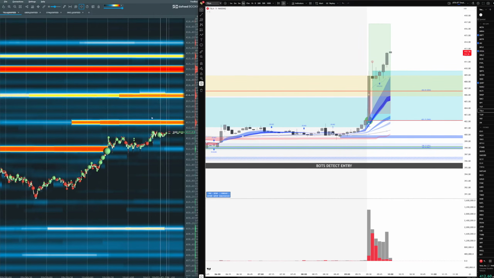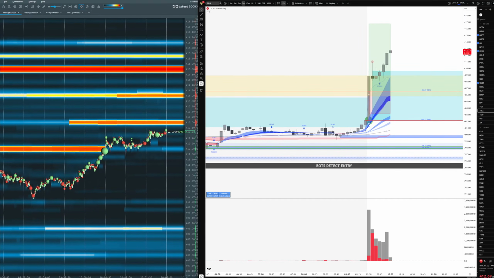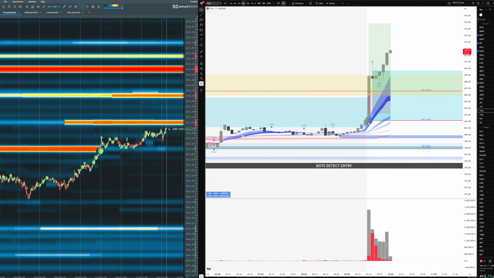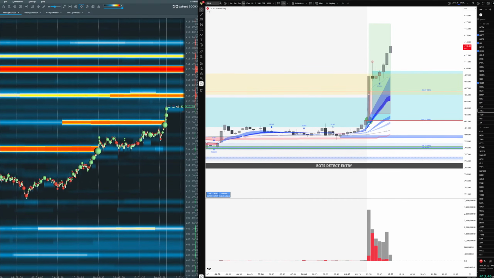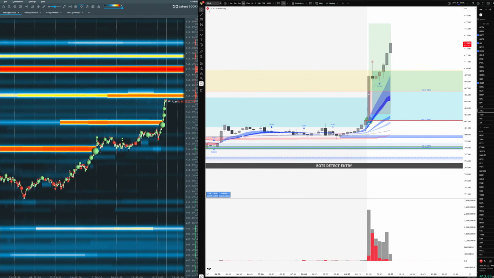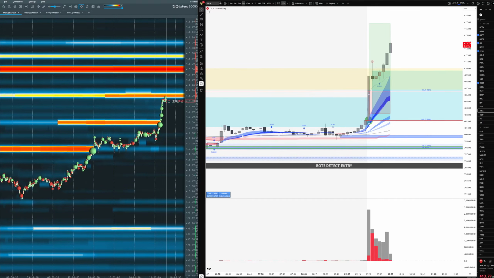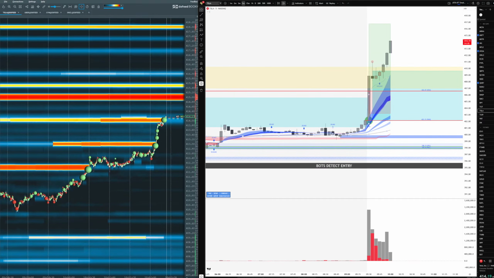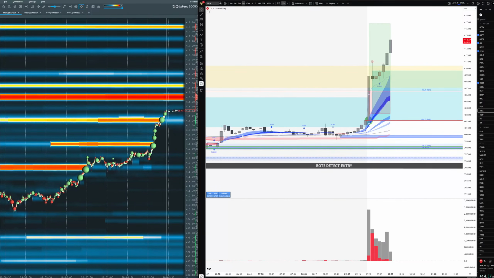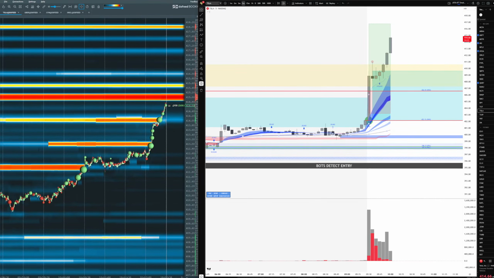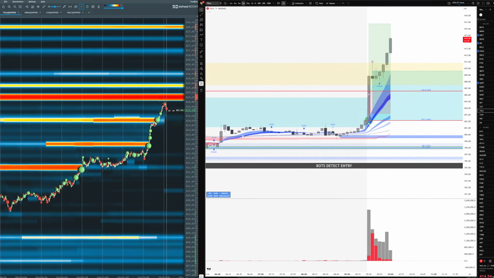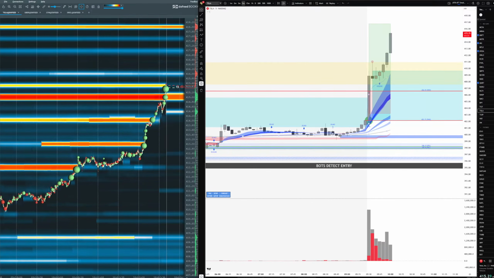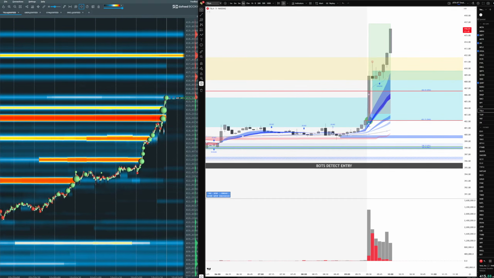That means strong liquidity buying. There we go, 415, almost target hit.